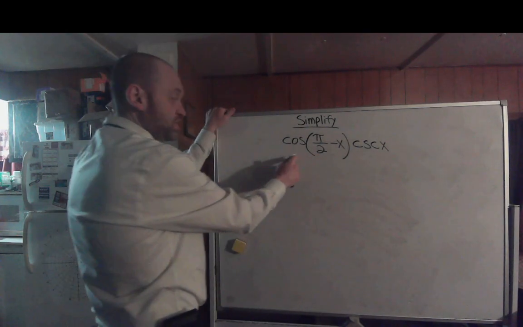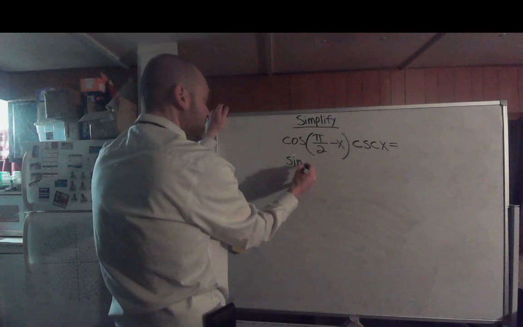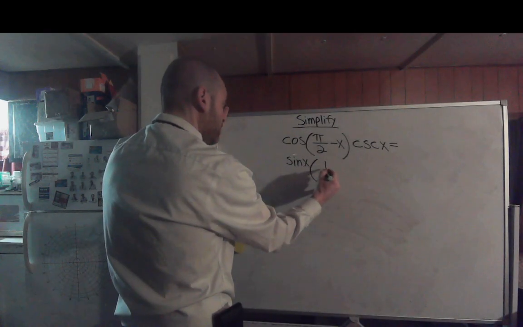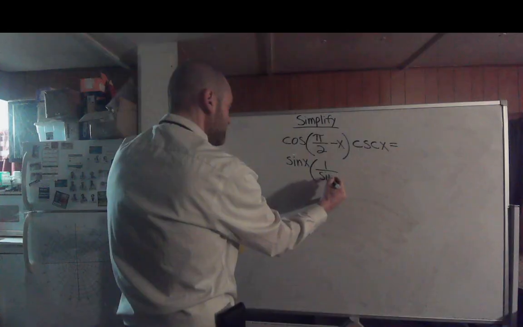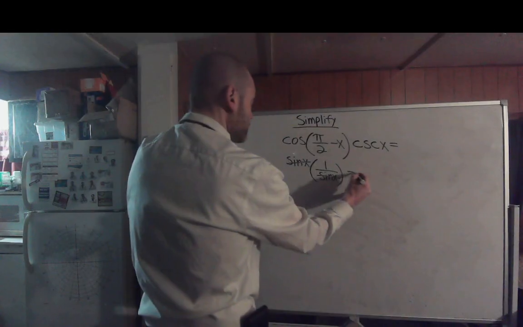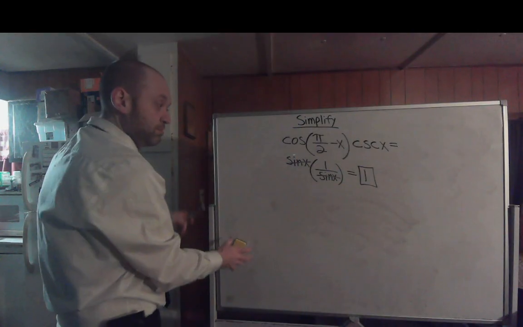Well, what's that cosine of pi over 2 minus x? That's literally the same as sine of x, right? Now, what's the cosecant of x? Well, that's just going to be 1 over the sine of x, which the sines cancel out. This just turns into 1. So all you get for your answer is 1.